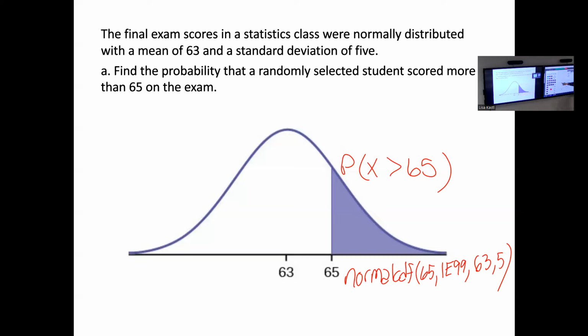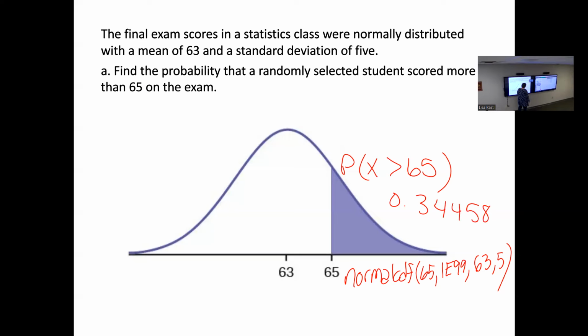And then we paste that back in. So normal CDF from 65 to the right, mean of 63, standard deviation of 5. So the probability is 0.34458, depending on how many decimal places they want you to carry it out to.